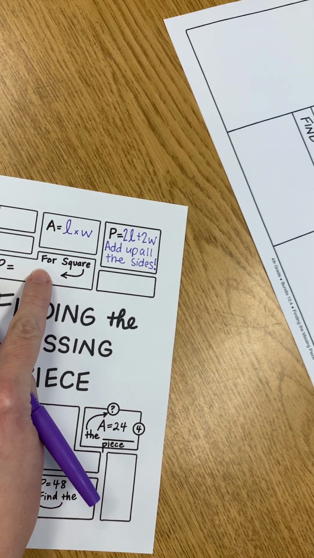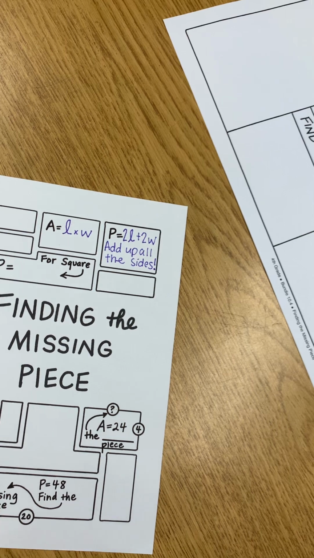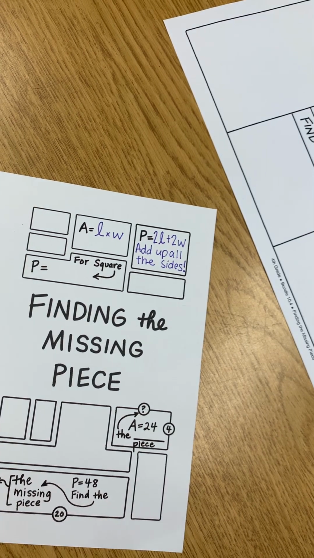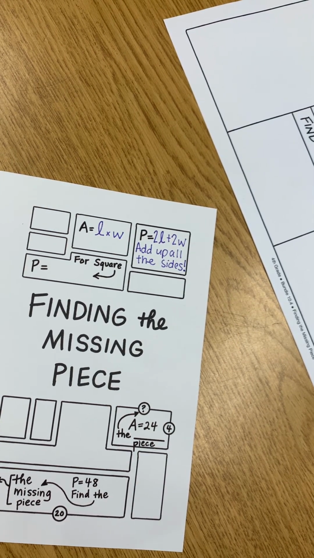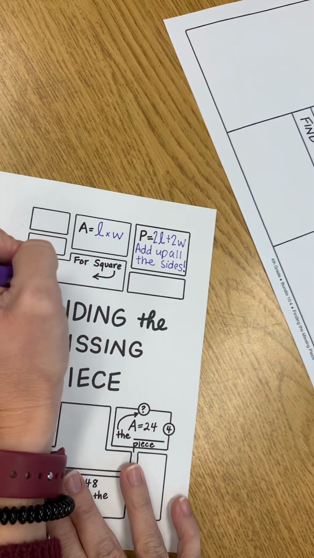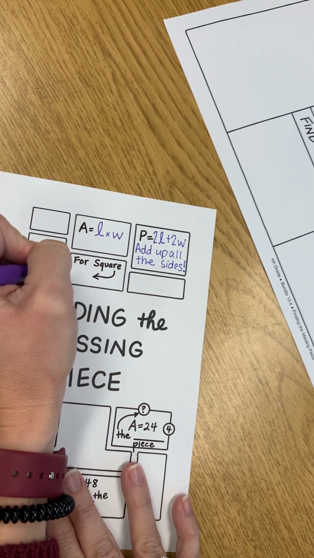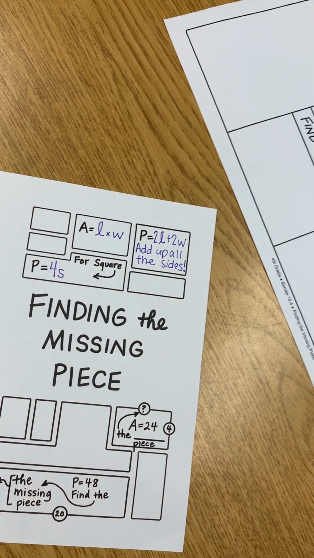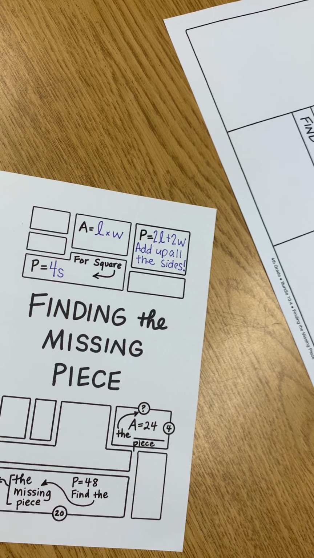Where it says 4 square, we know that a square has 4 congruent sides, 4 equal sides. All the sides are the same. So for a square, you could simply do 4 times the sides. 4s means 4 times each of the sides.